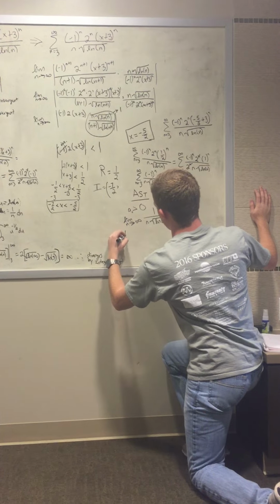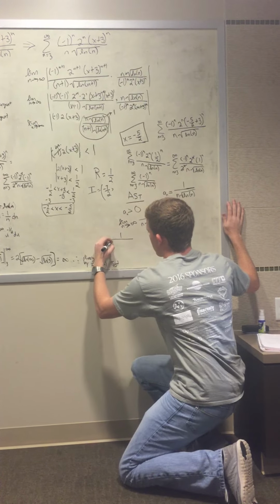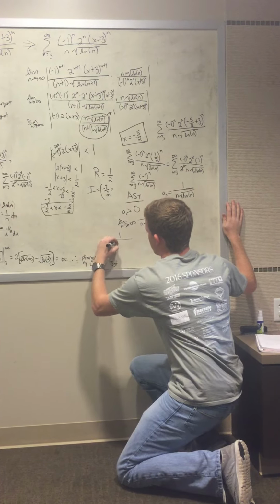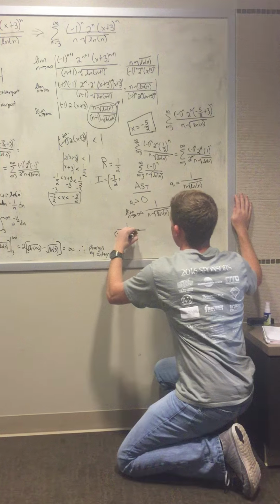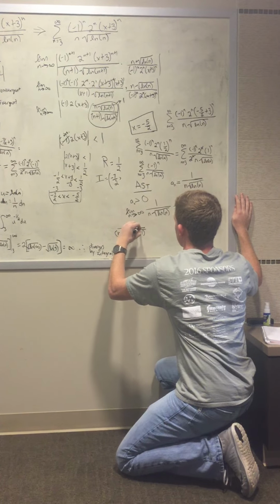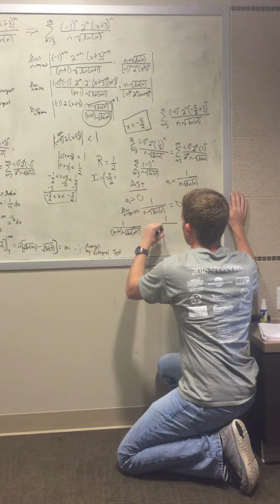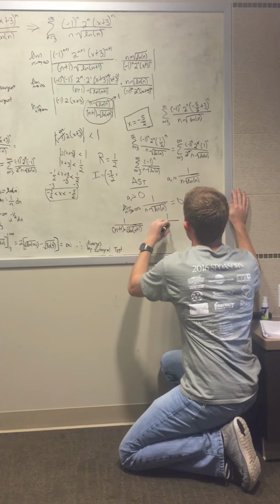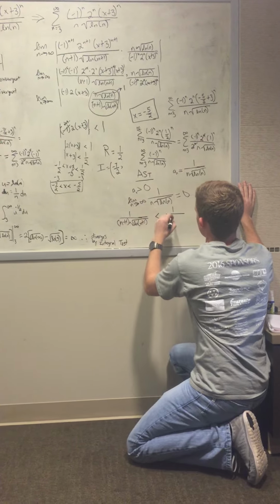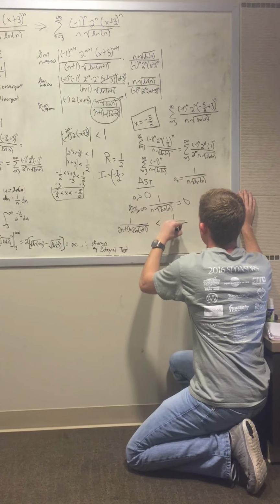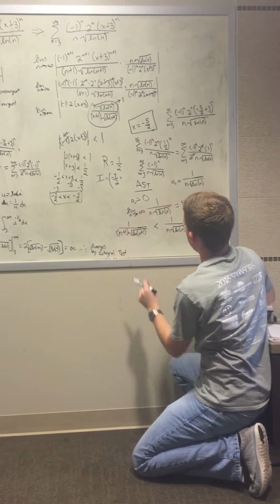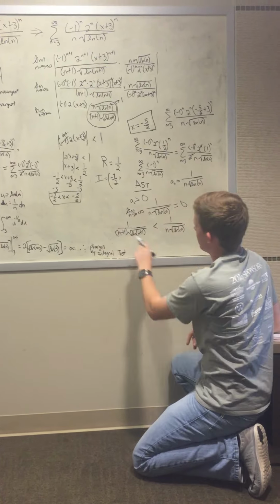And then we know that 1 over n plus 1 square root of natural log of n plus 1 is less than 1 over n. So we know that a sub n is decreasing because this is being divided by a bigger denominator, so the number is smaller.